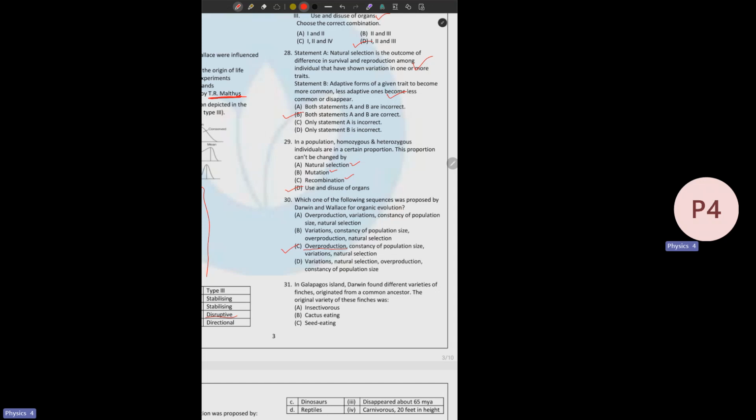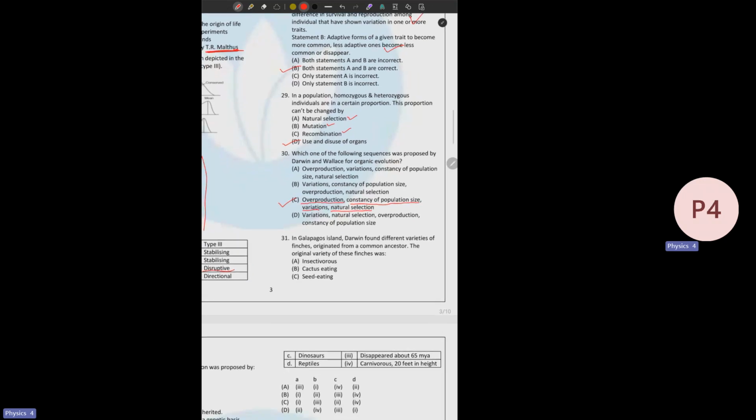But still, the population size remains constant due to the limited resources provided in that habitat. Hence, during the struggle for those resources, variations come up. And while variations are coming, those particular organisms in that population are being naturally selected. So C is the correct answer.